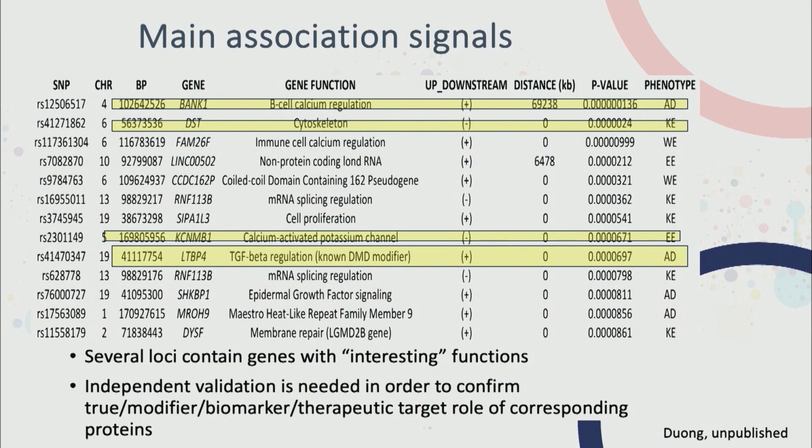What was really interesting, and I'll just keep this brief, is that you could see the phenotype with ankle dorsiflexion, AD, and knee extension, KE, that these were significant. We did not expect this because our numbers are so small to have any associations.